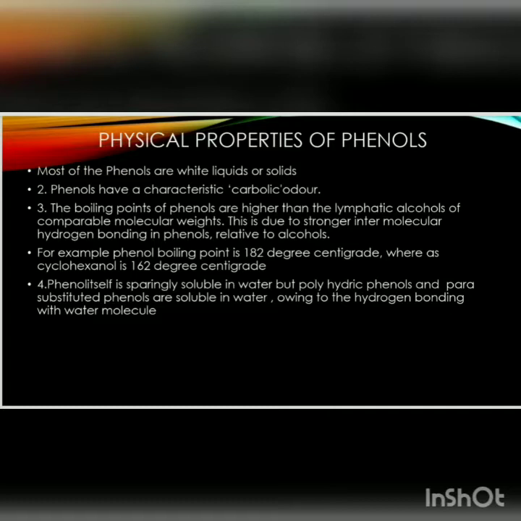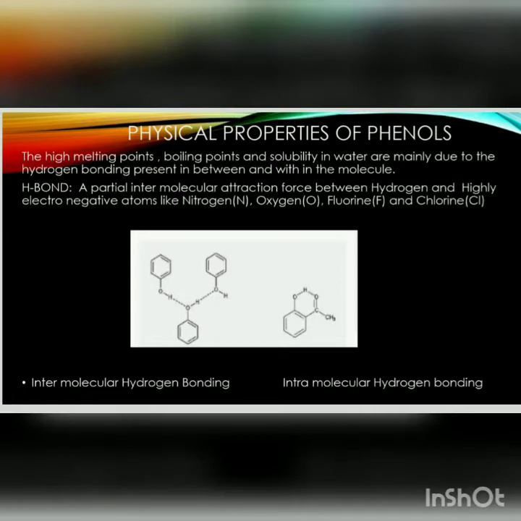Second, phenols have a characteristic carbolic odor. Third, the boiling points of phenols are higher than aliphatic alcohols of comparable molecular weights. This is due to stronger hydrogen bonding in phenols relative to alcohols.